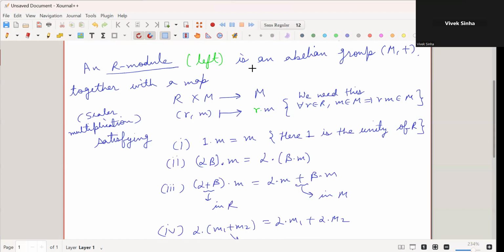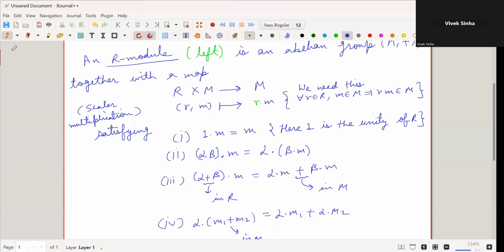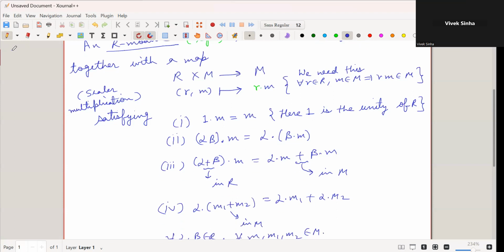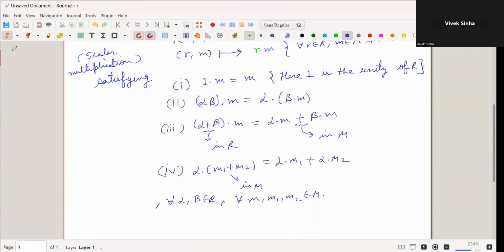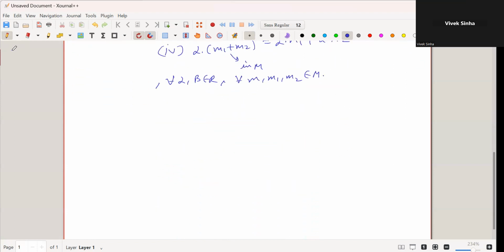If it were defined as m dot r, then we would have called it a right module. Similarly, these properties would have changed. Here it would be m dot alpha beta would be m alpha dot beta, and something like that. All these scalars would have moved to the right, and similarly we would have defined the properties. So that is where the left comes from.